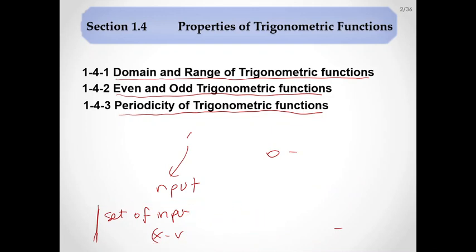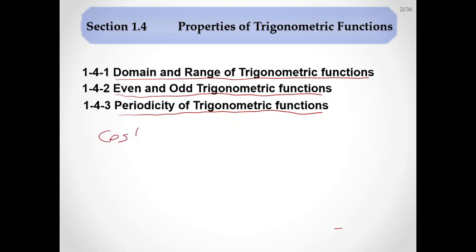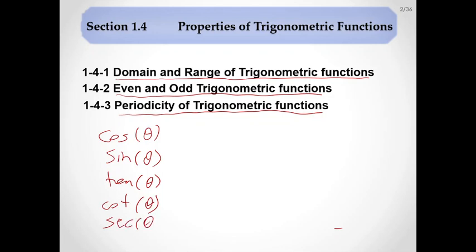And we will talk about the trigonometric functions. We have 6 trigonometric values: cosine theta, sine theta, tangent theta, cotangent theta, secant theta, and cosecant theta. Now we can put x here. These are standing for the angles, right?